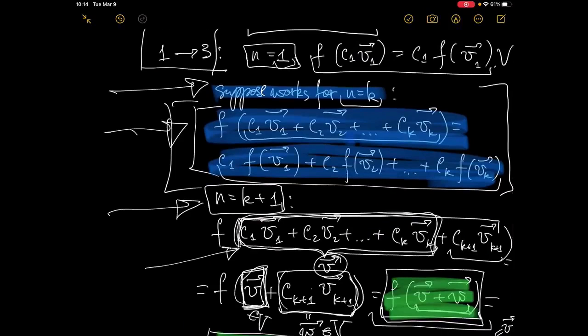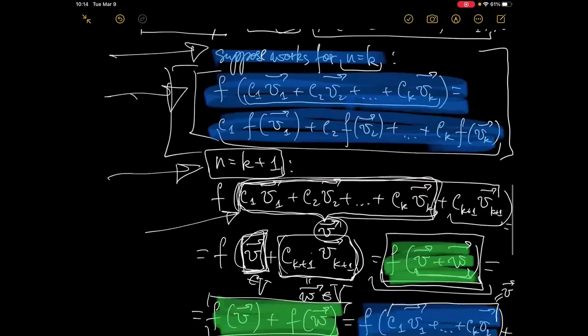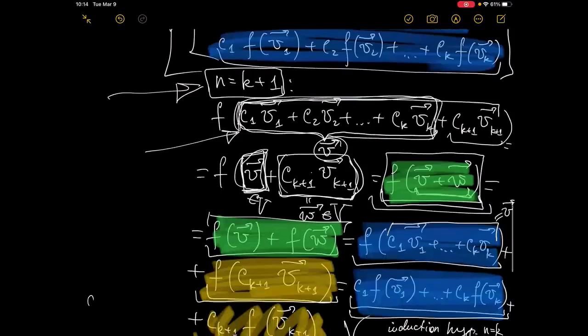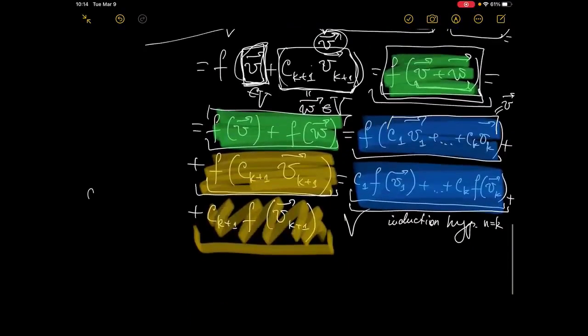Now it's proven for n equal to 2, so it works for k equal to 2, then it has to work for k plus 1, which is 3. From 3, I can go to 4, and so on to any finite number n. Clear or not? Yeah. So any questions with this induction proof?